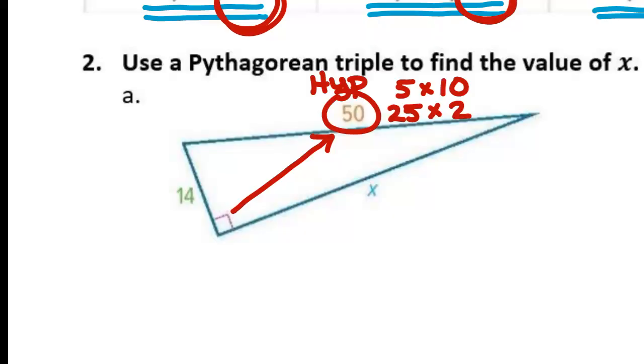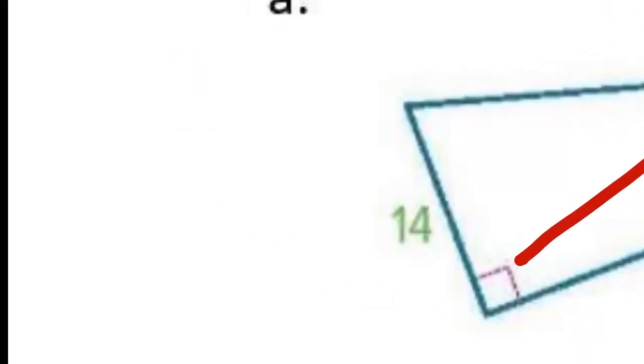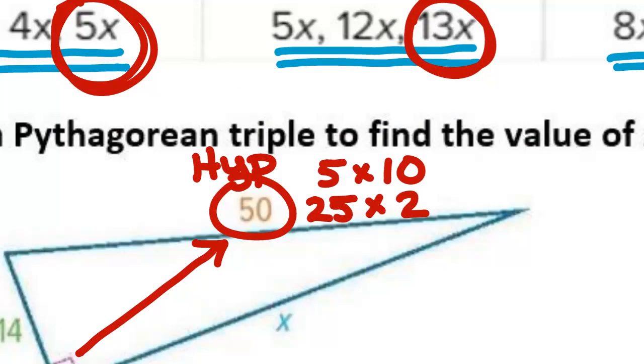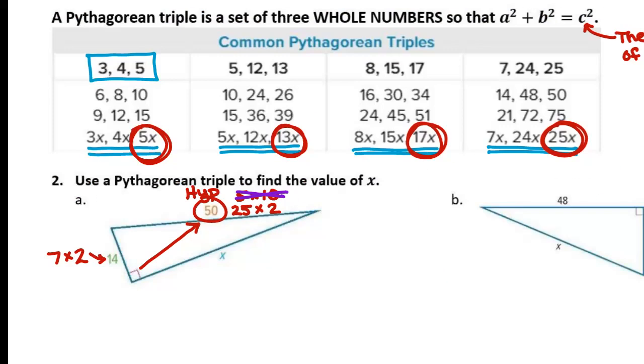Let's go to the other one that we looked at. The 7, 24, 25. Can we make 14 by doing either 24 times something or 7 times something? 7 times what? 7 times 2 would give me 14. So it's not going to be the 5 times 10.